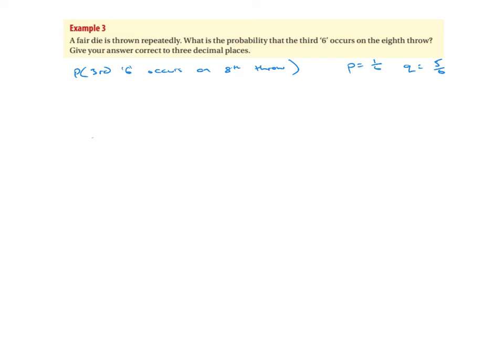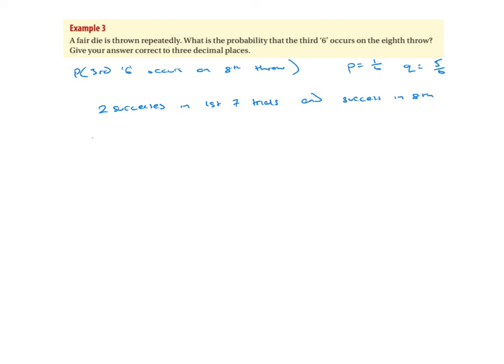So what we have here is essentially 2 successes in the first 7 experiments or trials and a success in the 8th throw or trial. So that's what we have.